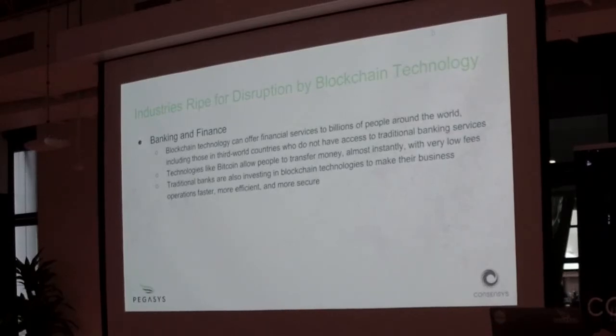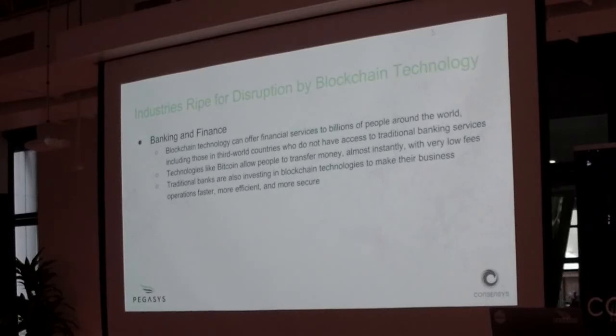They certainly have been having some bad press in the last couple of days, but from that point of view, they see blockchain as a really great way of improving their operations, interbank transfers, blockchain networks between consortiums of banks, and so on and so forth. So it really is a big industry for the banks.